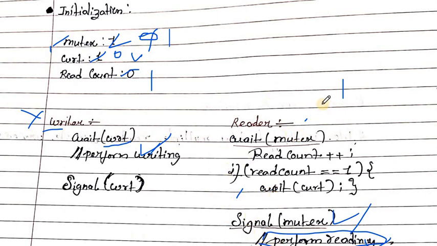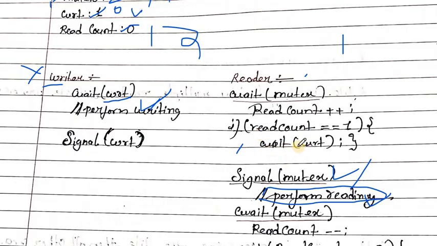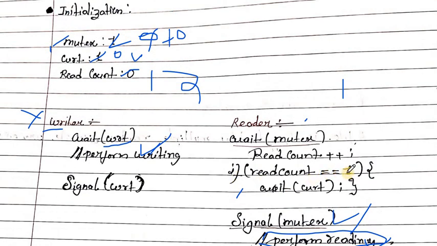In the case of a reader, are other readers allowed or not? Wait mutex becomes 0. Read count plus one means 2. Then check the condition of wait WRT: is the read count equal to 1?